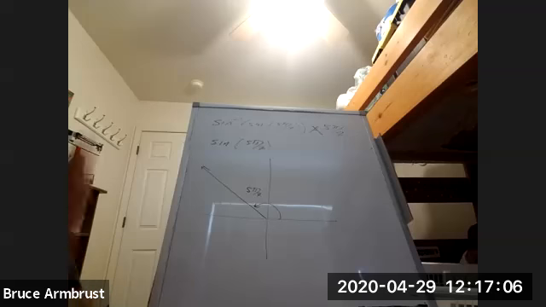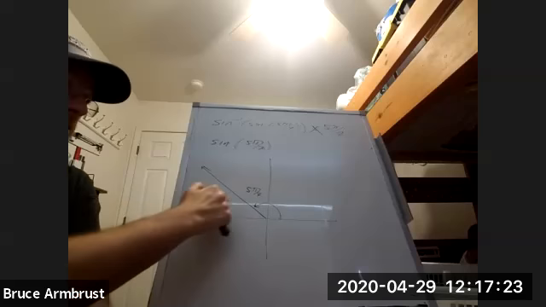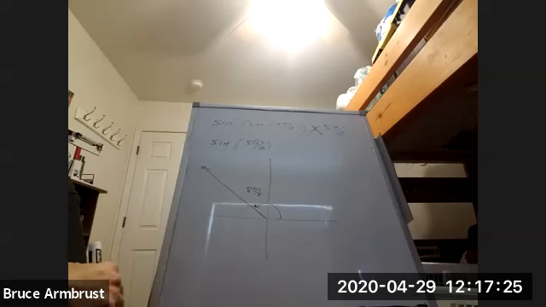Thumbs up for positive, clappy clap for negative. All right, I'm starting to see thumbs up. Good. Okay, because it's going to be positive. So this is going to be a positive sine.